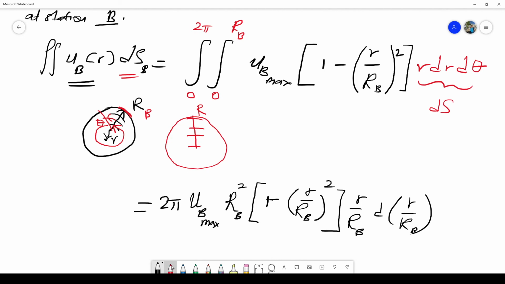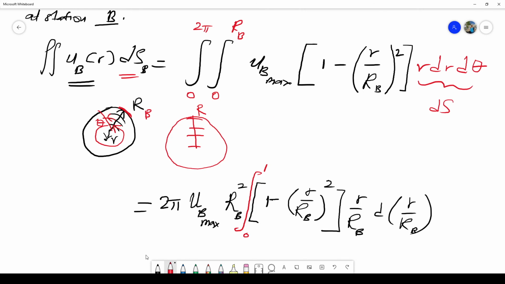So we have one more integration here, which is taken from 0 until 1. Why? Because we take the ratio between the small distance R against RB. So for whatever value of RB, the ratio will be from 0 to 1. That's why we integrate from 0 to 1 instead of from 0 until RB here.